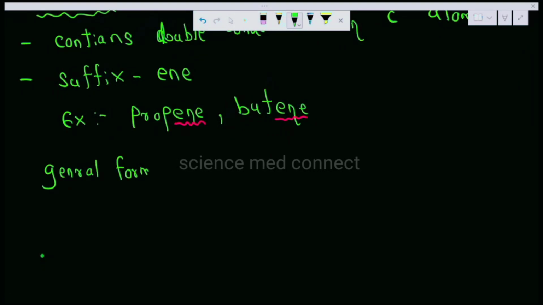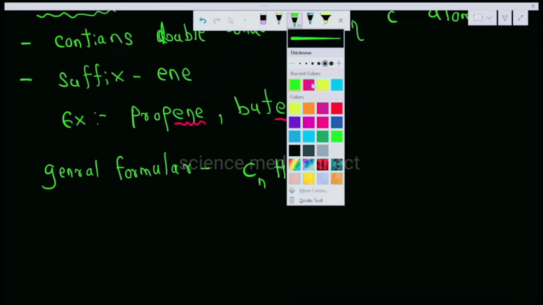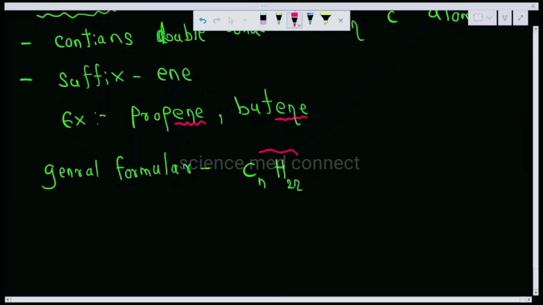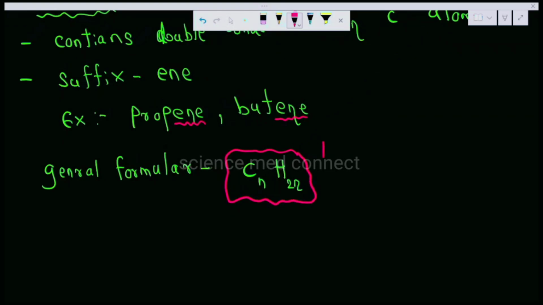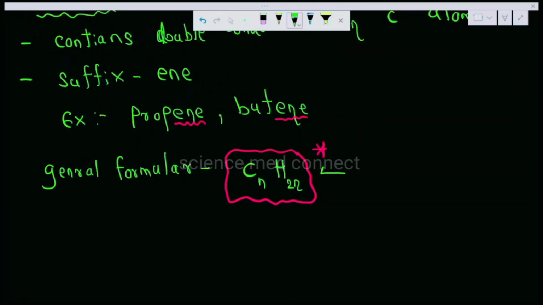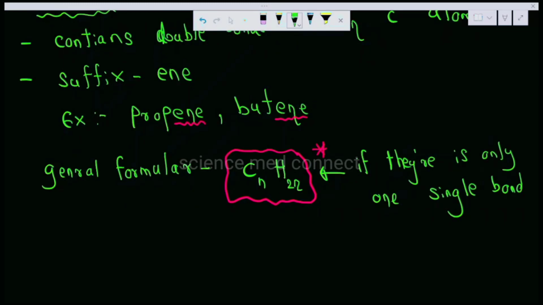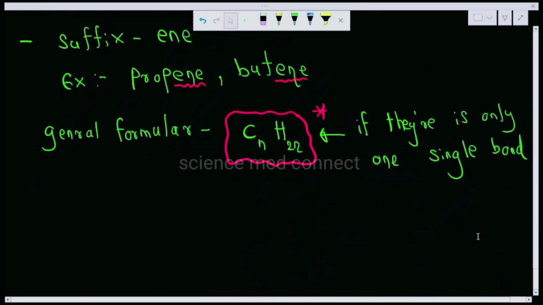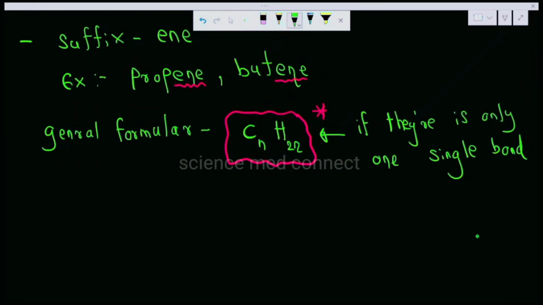The general formula of alkene is CnH2n. But you must remember this important thing. This formula is only valid if there is only one double bond between carbon atoms.